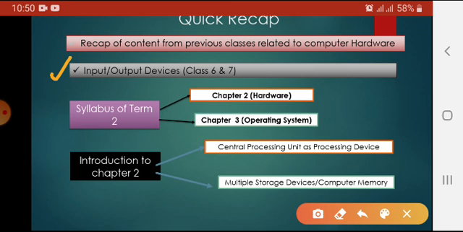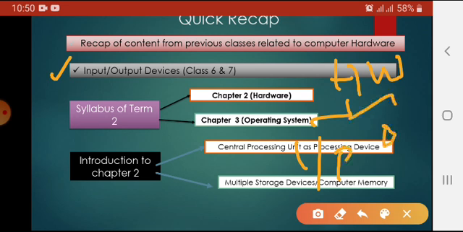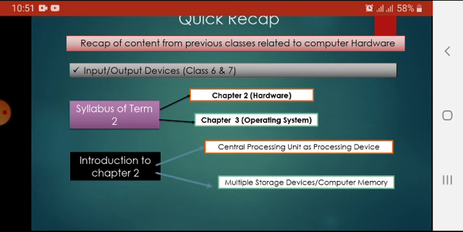One is computer's software and the other is computer's hardware. When we talk about computer's hardware, we can classify it into two main parts. One is input devices and the other is output devices. We have studied about these input and output devices in class 6th and 7th.